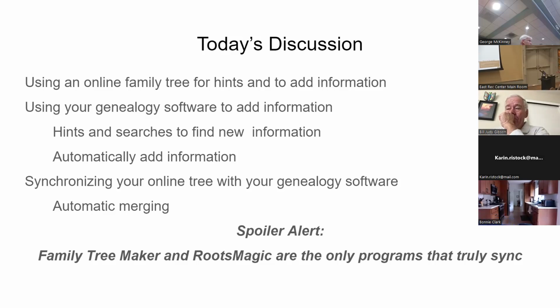It had a lot of really interesting articles about the Kakovskis and the Karnatskis and the Kanasets, all those people, typically with the same spelling. The reason we're talking about Family Tree Maker and RootsMagic is they really are the only ones that have fully robust syncing. So let me stop sharing for a second.